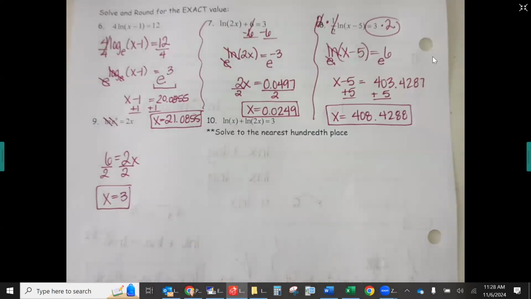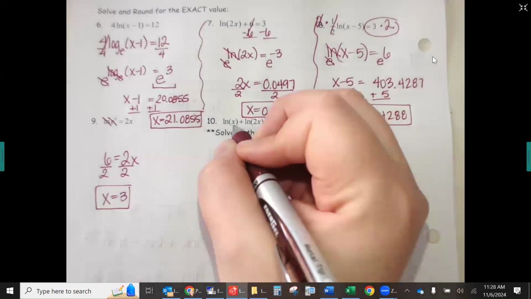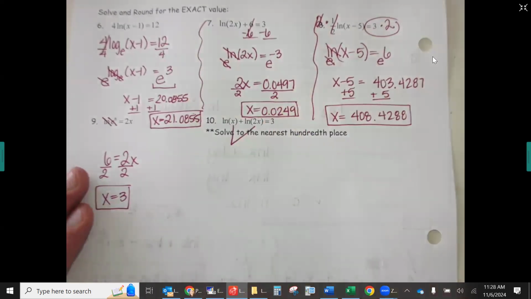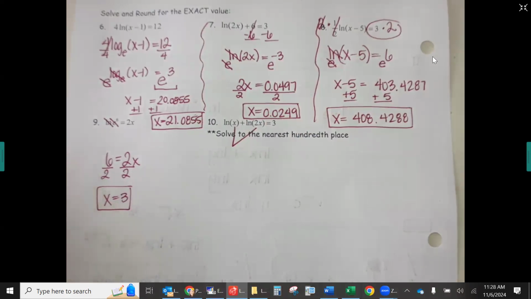Okay. Take a look at number 10. I have two LNs and they're added. You cannot E both sides if you have more than one LN on the same side. So we need to combine them. How can I combine logs that have a plus in the middle? Do I multiply or divide to put them together?